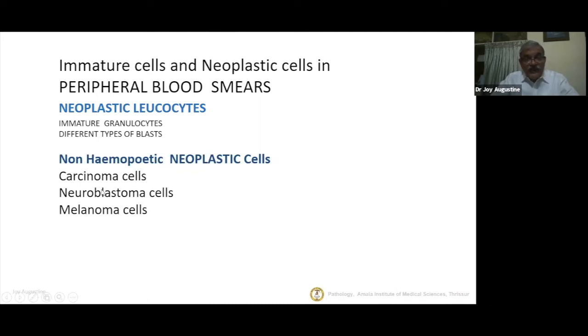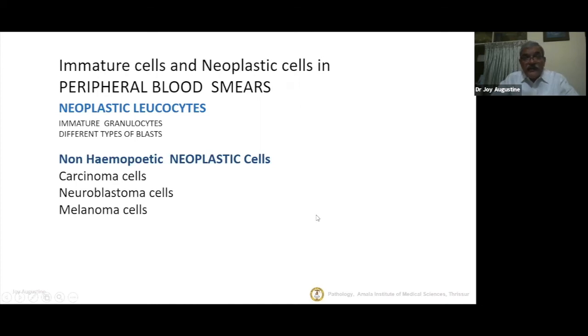Very rare, but the presence of carcinoma cells in the blood smear has actually been elucidated, because most of the time it is there, but we don't see it. And this is the reason why we have what is referred to as a liquid biopsy, where you take out the genetic material from the cells and identify it to diagnose a tumor.